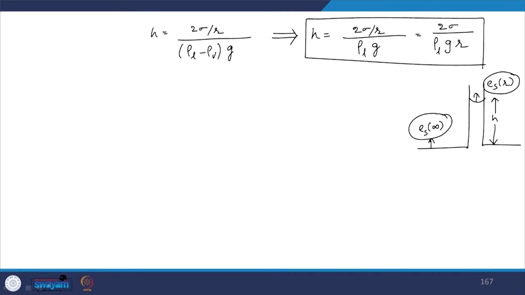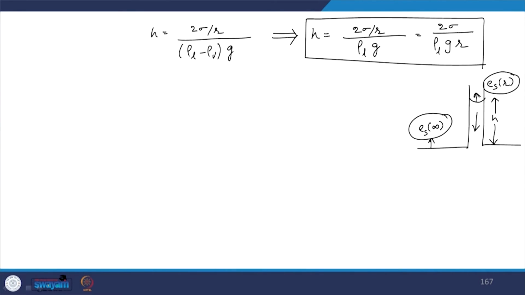That is the objective. This gives the height at which the upward pressure due to the Laplace pressure associated with the surface tension is balanced by the downward force due to hydrostatic pressure, which is associated with the column of the liquid.